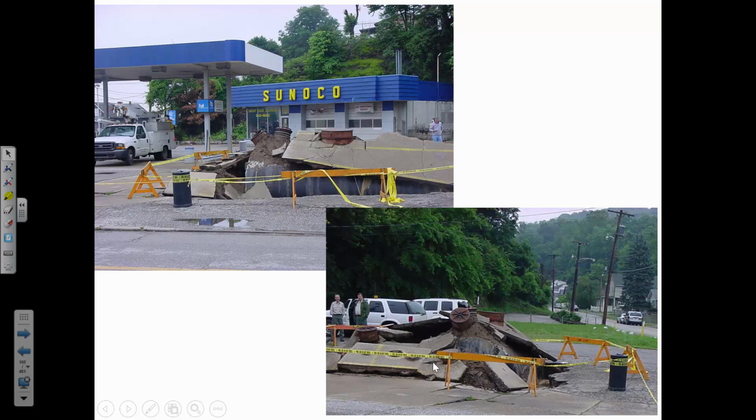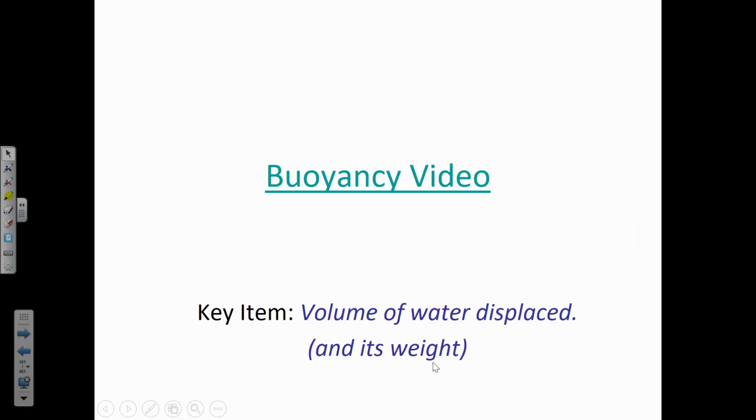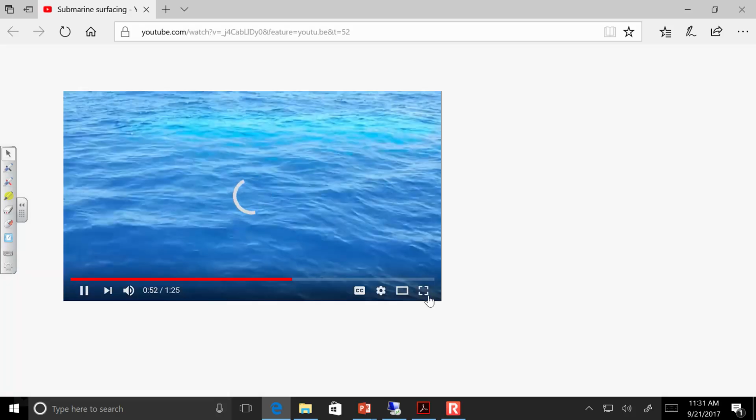So this may not make sense yet, but it will in just a minute. Let's look at a video of a submarine coming out of the water. This is in Hawaii. Wait for it. Come on, YouTube. There we go.